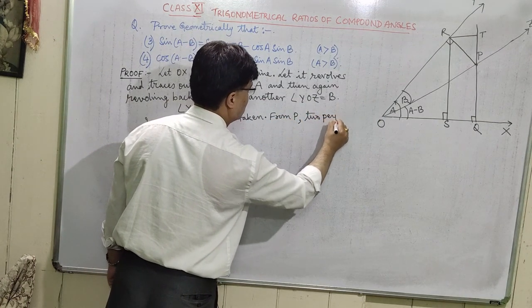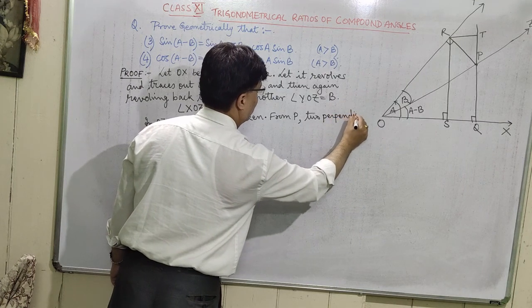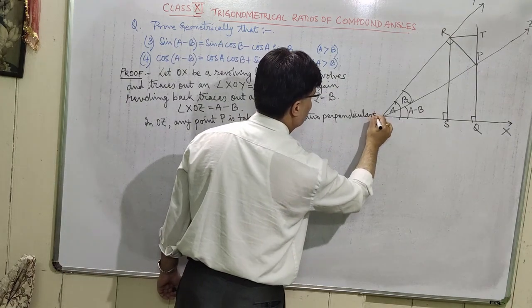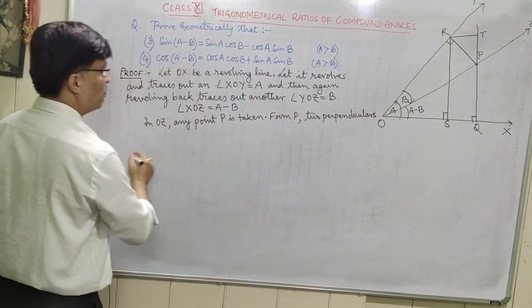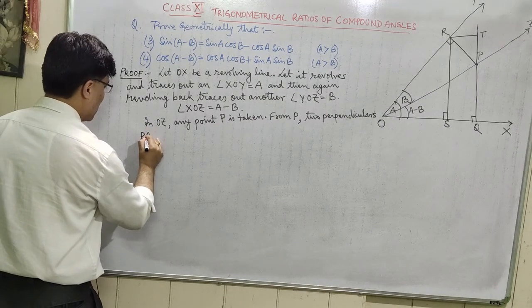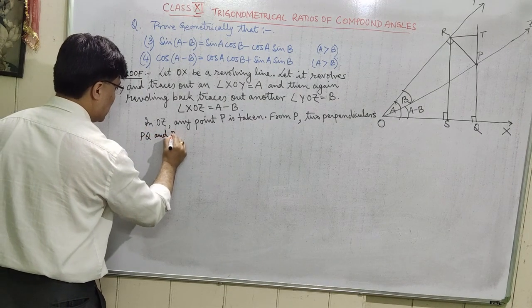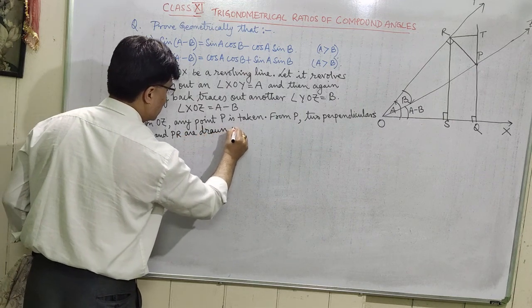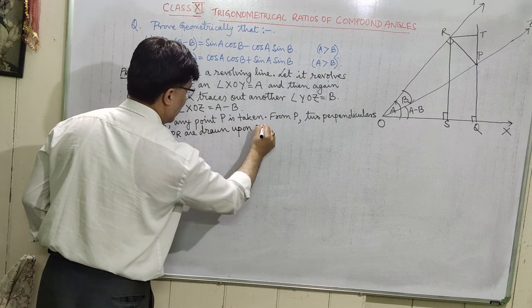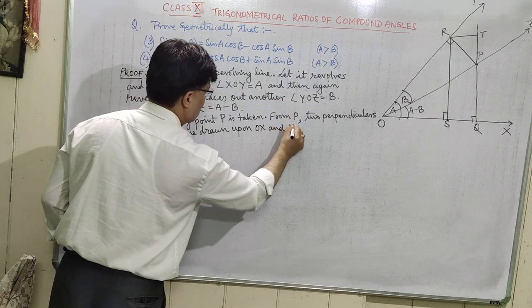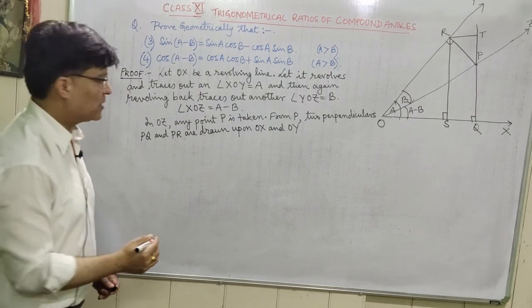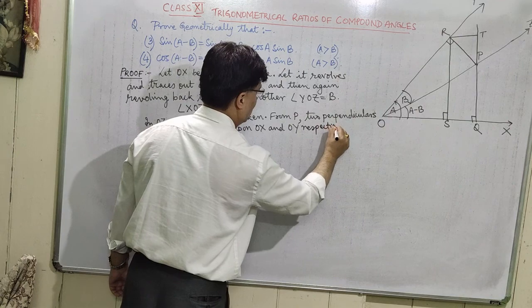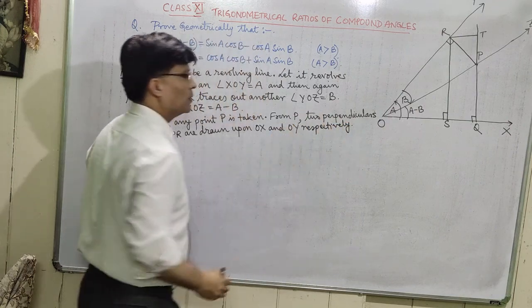From P, two perpendiculars PQ and PR are drawn upon OX and OY respectively. Is that clear?